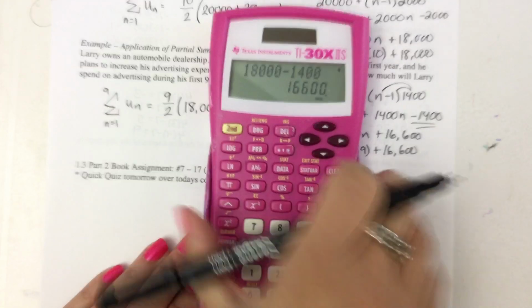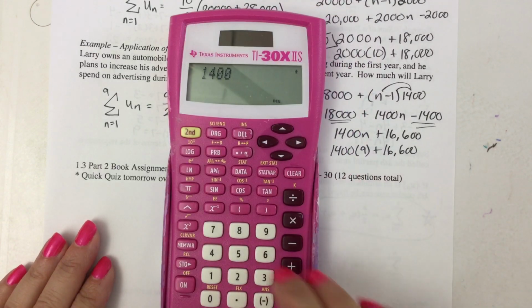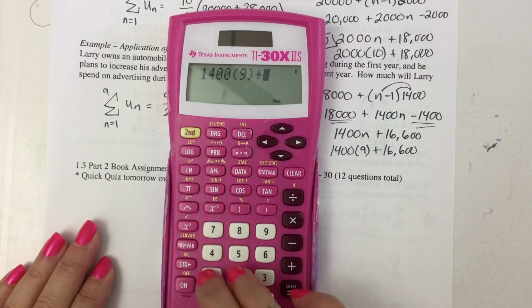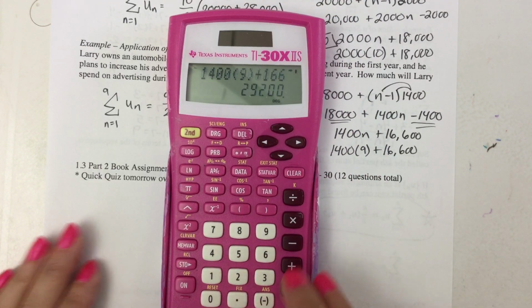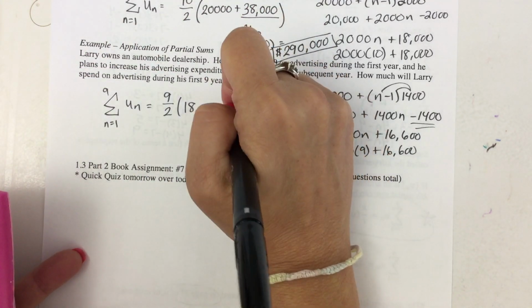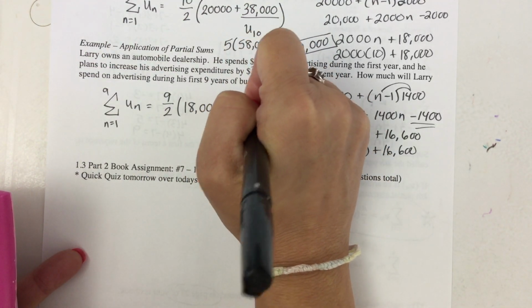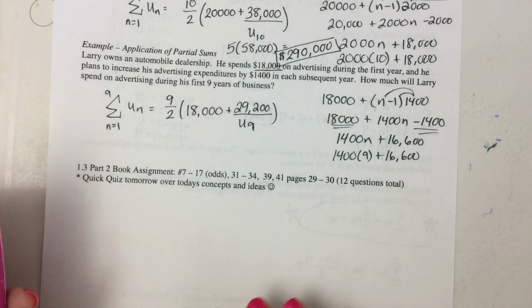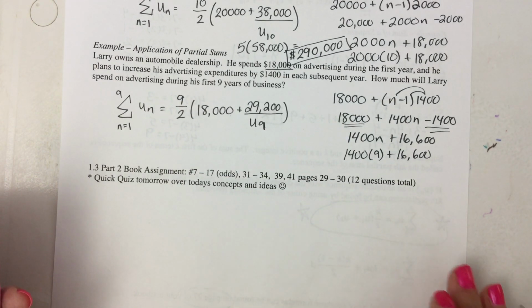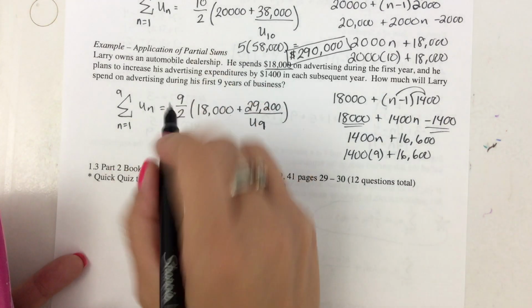So if I go ahead and calculate this, 1,400 times n plus 16,600, so the 9th year just by itself, on year 9, Larry is spending $29,200 on his advertising.